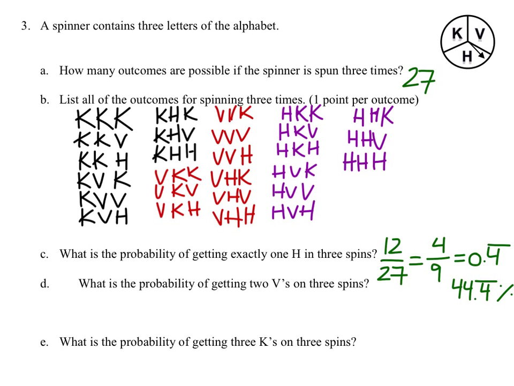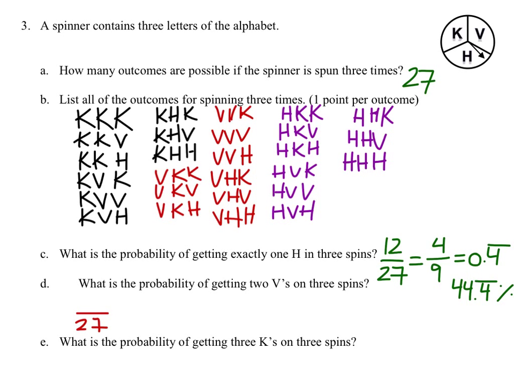Then what's the probability of getting 2 V's on 3 spins? There are 27 outcomes right here. Let's find them. There's 2 V's: 1, 2, 3, 4, 5, 6.